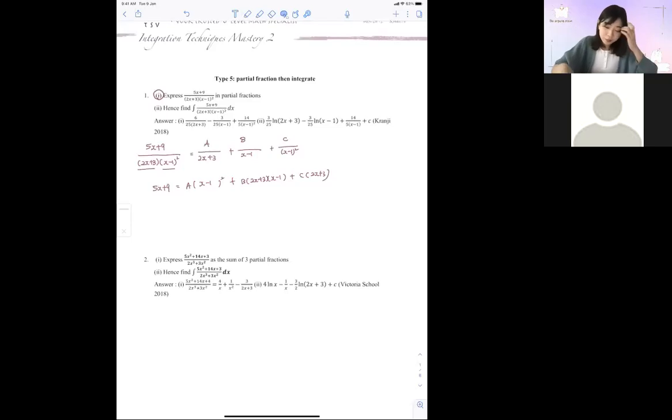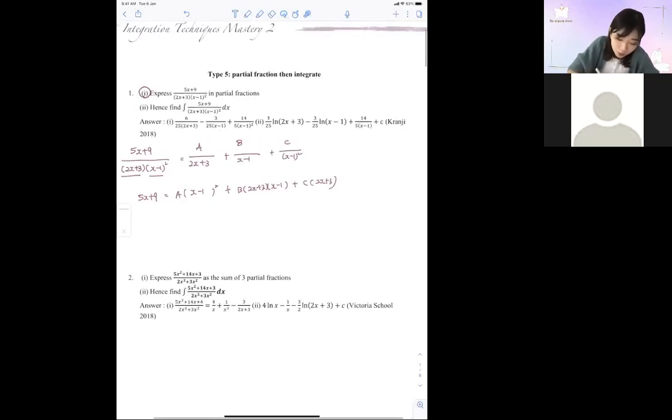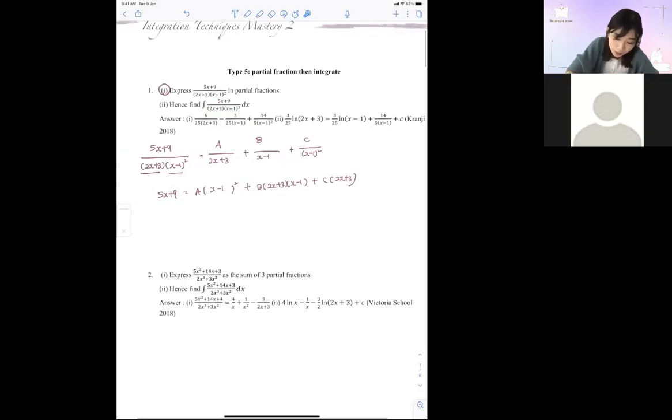Okay, good. Now, when they ask you to integrate this one, remember last lesson I said there is no quotient rule or product rule for integration, right? So when you're asked to integrate something complicated, you make it simple. So integrating this is the same as integrating your partial fraction.